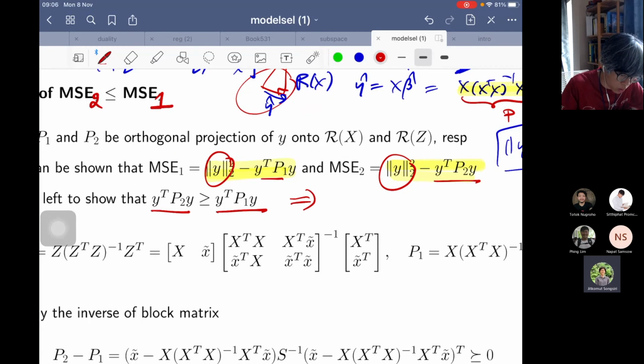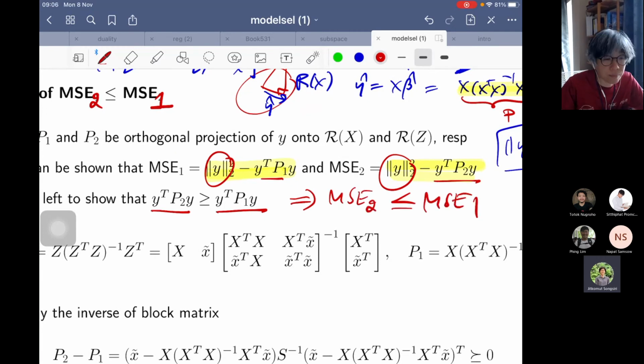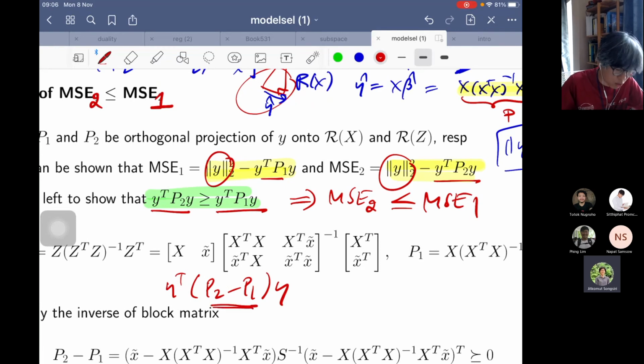If you can show this, MSE2 is less than MSE1. This green term is quadratic, so we're going to show it by examining this quantity instead, P2 minus P1. So basically, you need to compare whether matrix P2 is bigger than matrix P1.